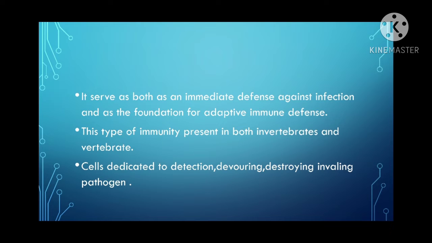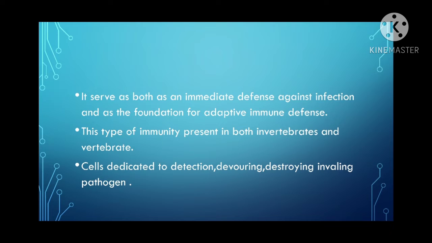When a pathogen enters our body, the first mechanism that works upon it is innate immunity. When innate immunity cells are not able to phagocytose the infectious agent, they recruit the adaptive immune system. That's why it is written here that it acts as a foundation for the adaptive immune response.